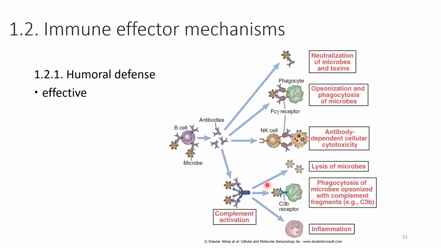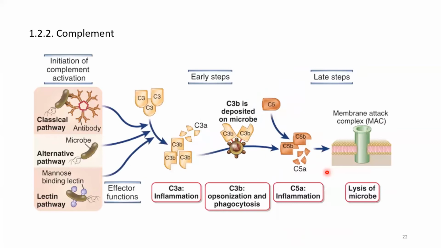So after classical pathway activation, you will get inflammation because you get C5a, C4a, C3a, right? And you get opsonization, with a massive amount of C3b, and you get a membrane attack complex. So this is the answer, right? After you activate the classical pathway, you get inflammation, opsonization, and also the membrane attack complex.